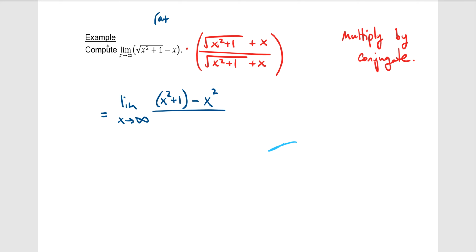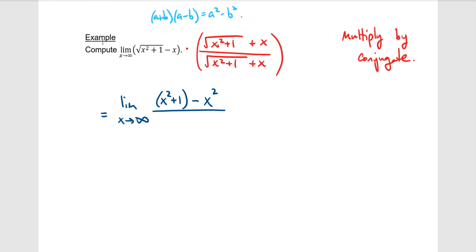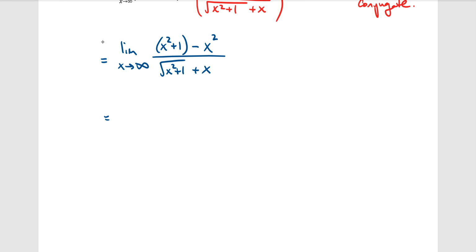Conjugates being multiplied, a plus b times a minus b. Shortcut is a squared minus b squared. That's all I did in the numerator. So the denominator is going to be just this whole denominator right here, which is the square root of x squared plus 1 plus x. Okay, so hopefully we recognize that that numerator can simplify, which is great. We're just left with a 1 in the numerator, divided by this whole nasty denominator still.